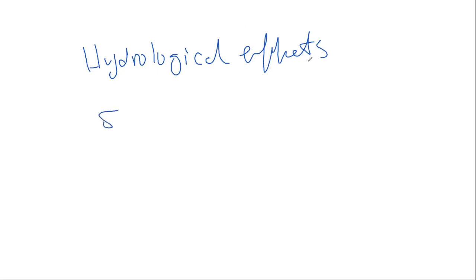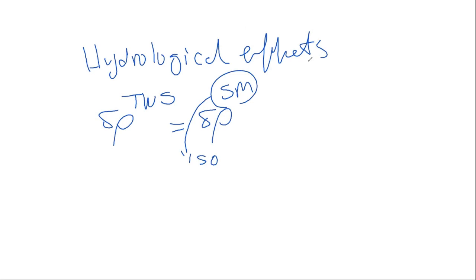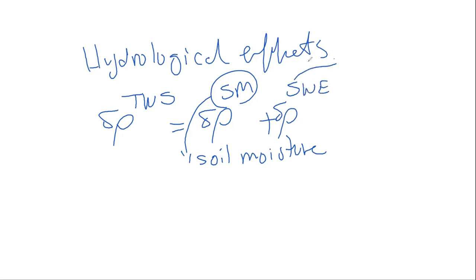So delta rho, I will write total water storage, the surface density, is total SM. SM stands for soil moisture, plus delta rho SWE, which is snow water equivalent.